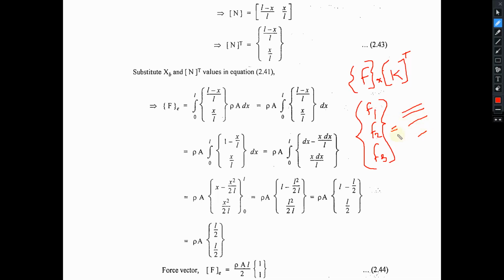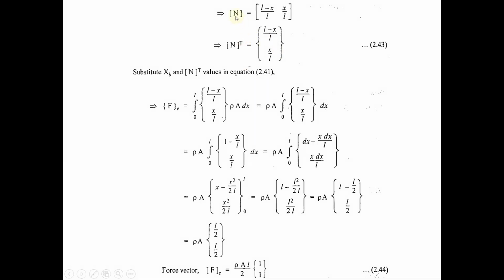So to multiply, we have to make it equivalent. So that is why we change it to the transpose. If it is a row matrix, we can convert that into a column matrix by using a transpose, k1 k2 k3 etc. So we take the transpose for such a change.